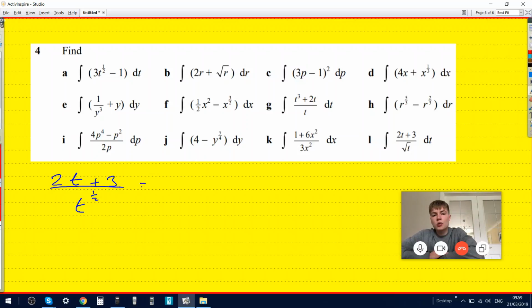So that would be the same as 2t over t to the half, plus 3 over t to the half. How do you work out the first bit? I'm not sure. 2t divided by t to the half. What's the index rule for that?